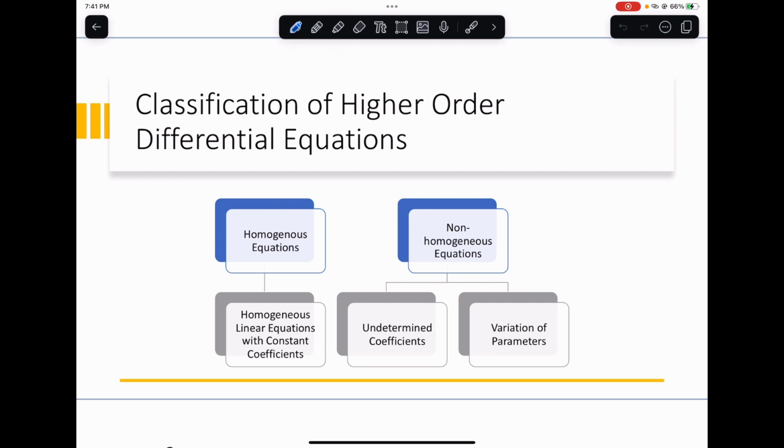One would be undetermined coefficients, the other is variation of parameters. As long as a given differential equation can be solved using undetermined coefficients, it also follows that we can use variation of parameters when solving non-homogeneous equations.